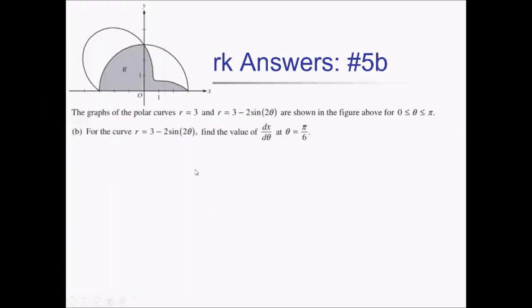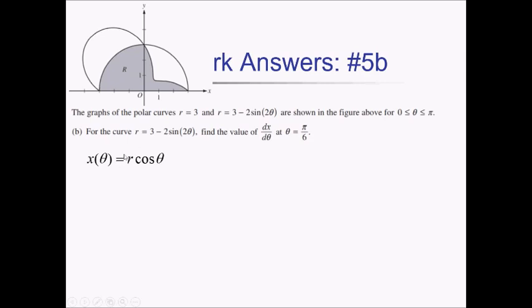For this next part, for the curve 3 minus 2 sine of 2 theta, which again we've renamed as f of theta, we want the value of dx over d theta at theta equals pi over 6. All right, so in order to get this, we have to express this parametrically with an x. In general, we can say that x of theta equals r times the cosine of theta.